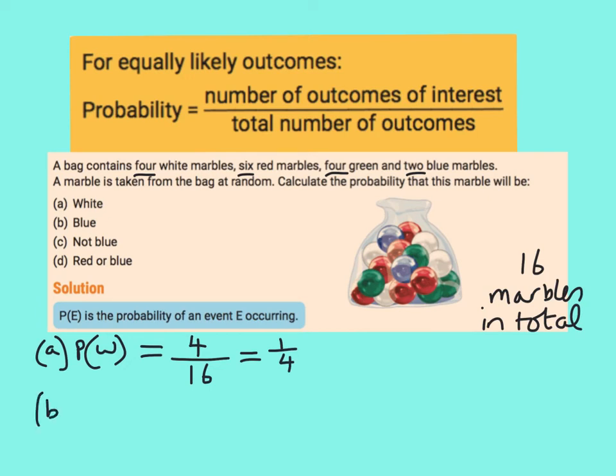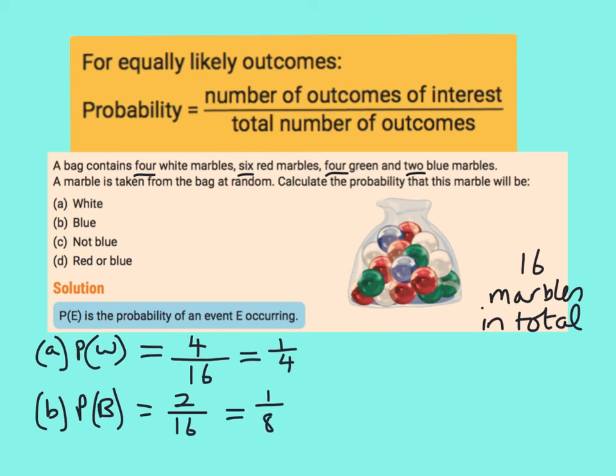Let's have a look at blue. So let's call it the P of B. The P of a blue marble: we know we have 2 blue marbles, all over 16. And that's going to give me 1 over 8.